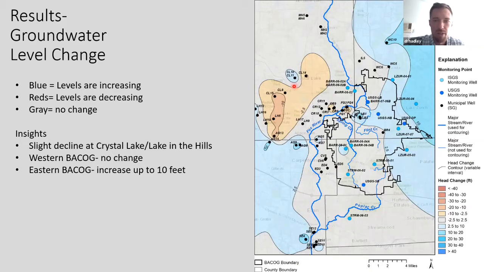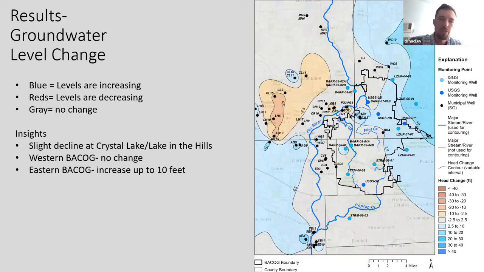And in the Crystal Lake and Lake in the Hills area, they decreased. But keep in mind here that all these levels were measured under pumping conditions. And so we could have had a situation where one year, a lot of the water levels were lower just because they were using more at the time that they took the measurement.